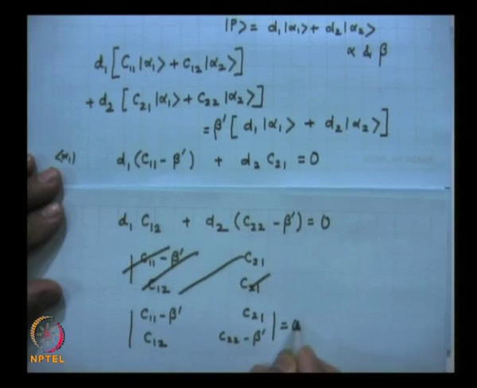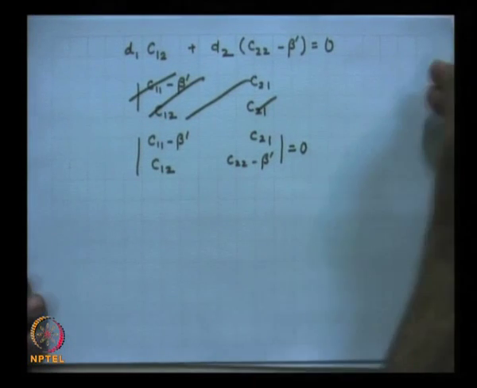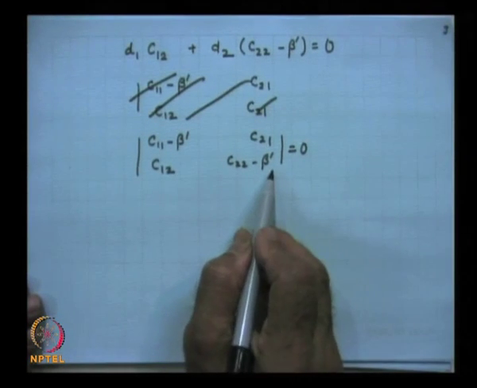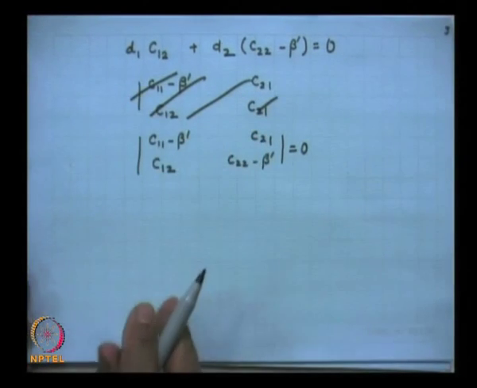This is equal to 0. So, this will give me two values of beta prime, and for each value of beta prime we will have two ratios.